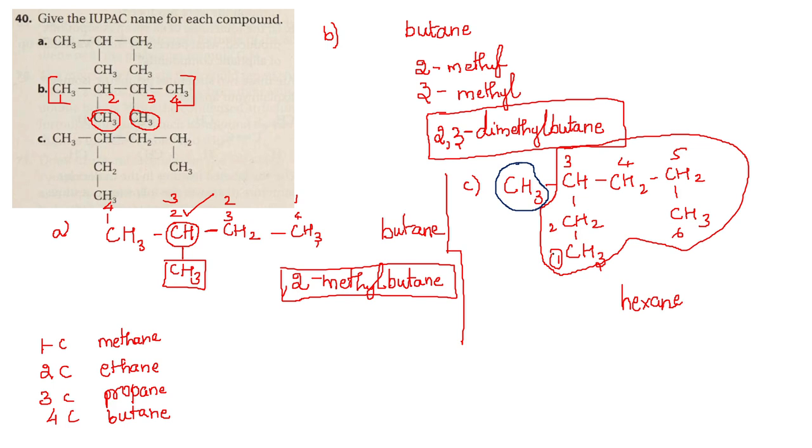One way of numbering is shown here: 1, 2, 3, 4, 5. If you start numbering the other way, it is 1, 2, 3, 4, 5, and 6. Which way does that carbon atom get the smallest number?